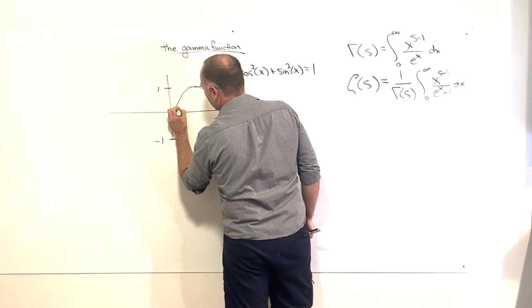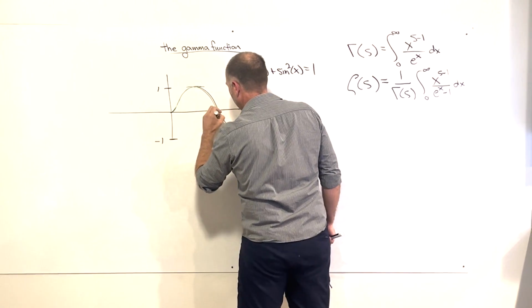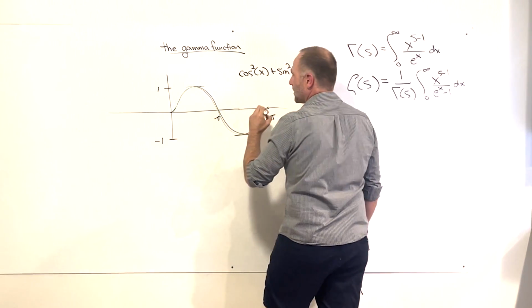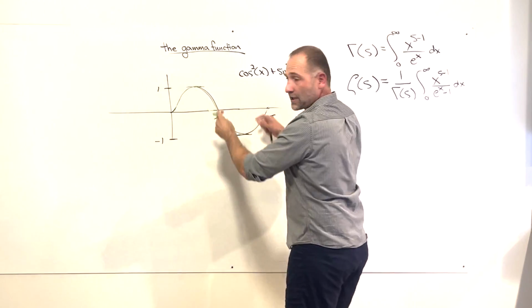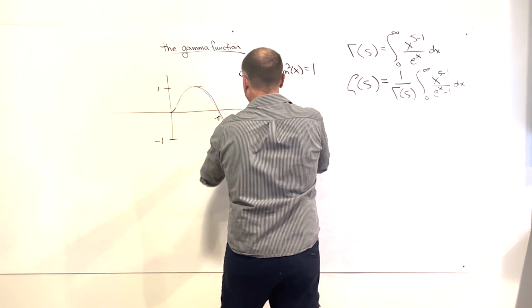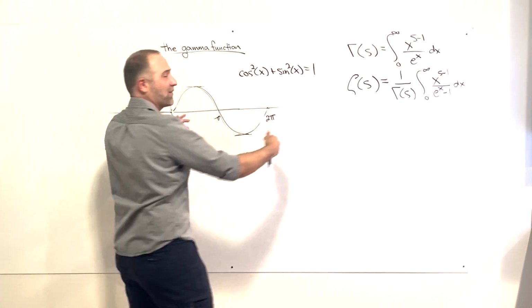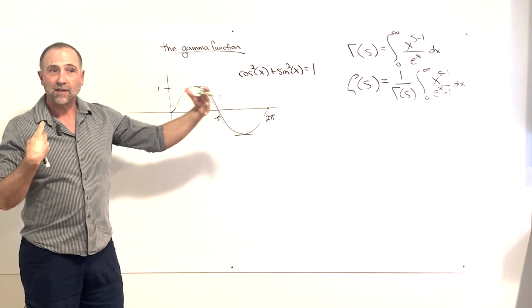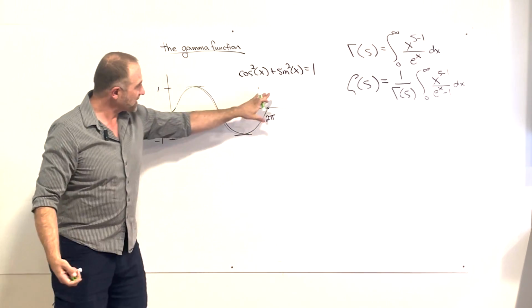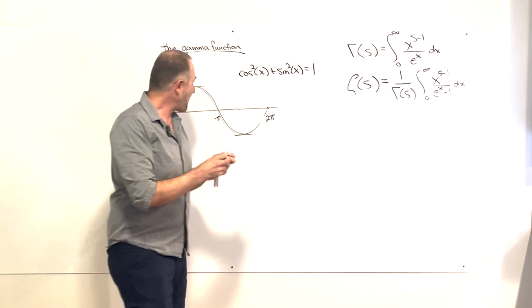This one, this length here, right? That's a specific length. If you put a string exactly on there and then straightened it out, it would have an exact fixed value for this curve that we always talk about. What is the value?